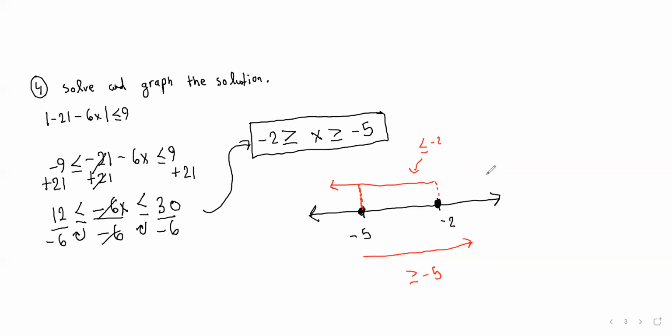See, it doesn't go to the right. So this means the only portion shared by both of these lines is the place in between minus 5 and minus 2. So we must just shade in between the numbers. So this is our solution. We have minus 5 and minus 2 with dots, and we shade just everything in between. So this is our graph.